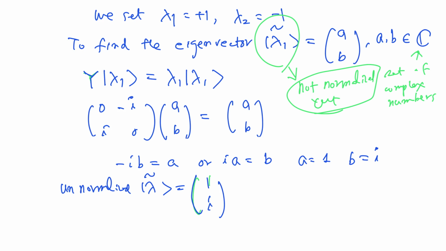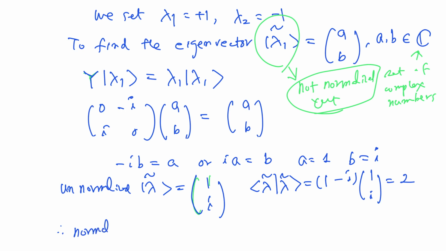So to make a normalized vector, we take the inner product: (1, minus I) times (1, I) is equal to 2, right? So the normalized eigenvector lambda 1 is 1 over square root of 2 times (1, I), right?